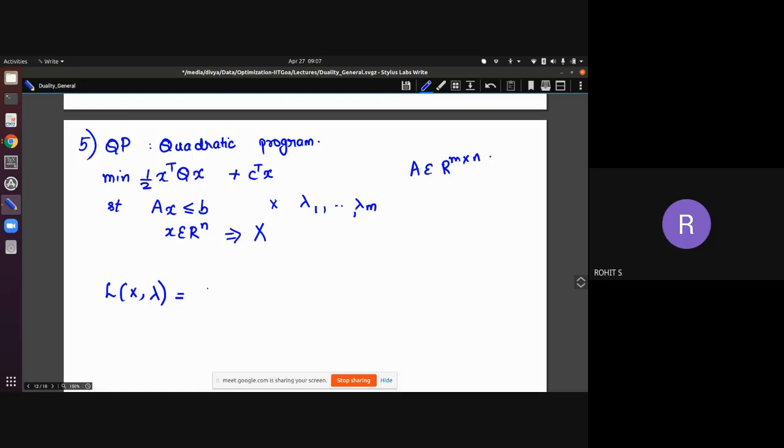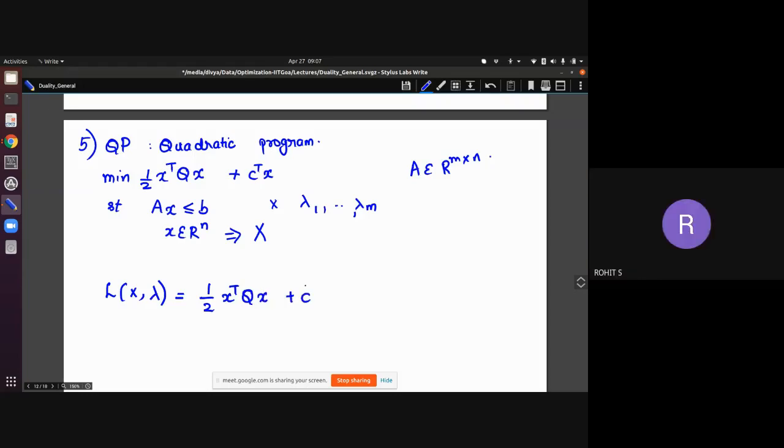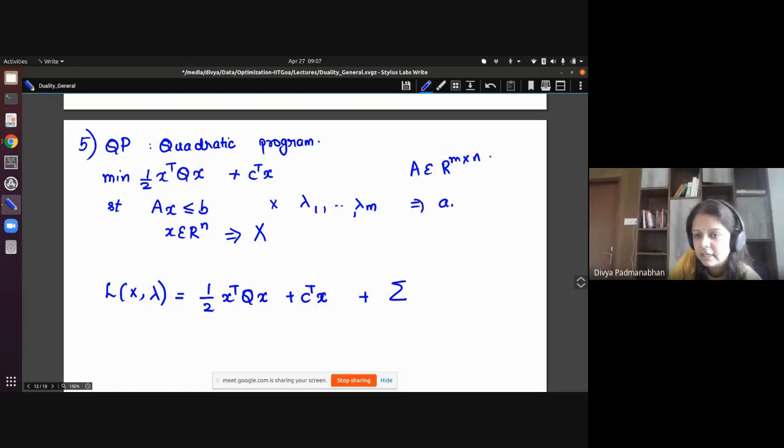Half x transpose Q x, basically the function, plus c transpose x, plus summation lambda i times (a i transpose x minus b i). Let's call these constraints a i transpose x less than or equal to b i, for i equals 1 to m.